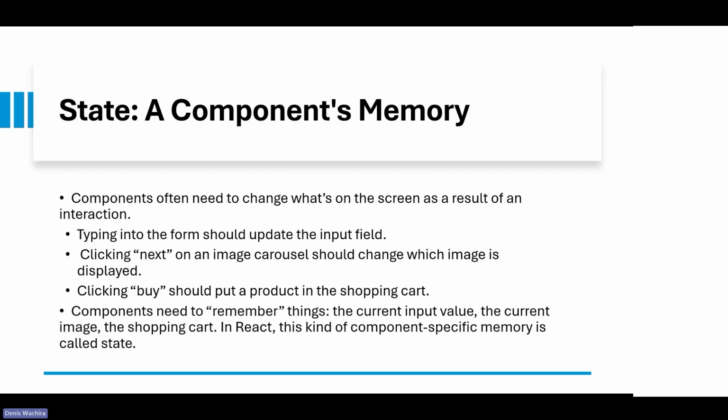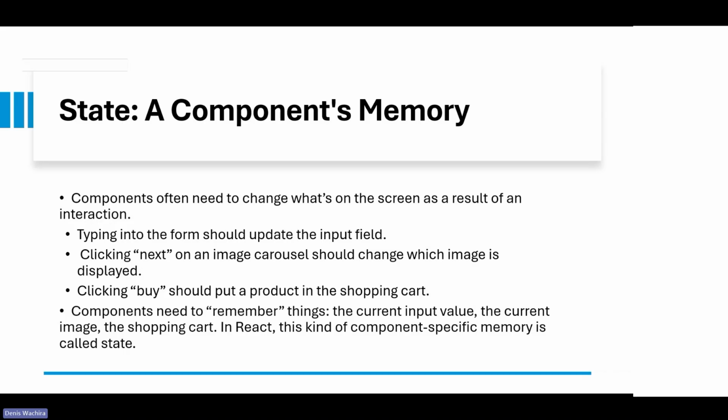So these components often need to change what is on the screen as a result of the things we talked about, handling events. So we might have something like typing into the form should update the input field, or maybe clicking next in an image carousel should change the image being displayed.